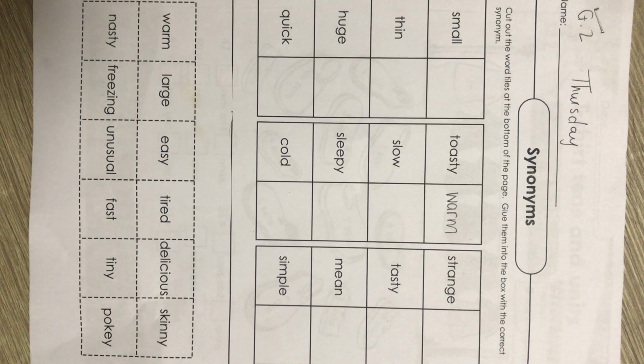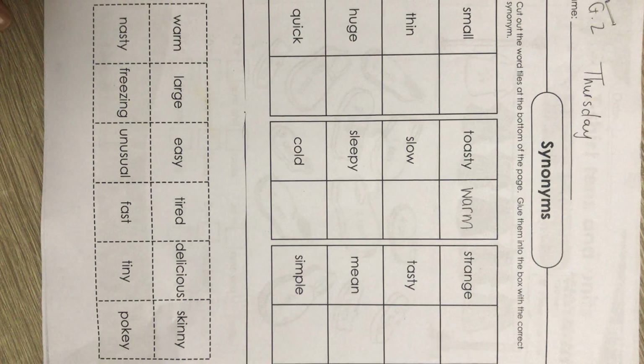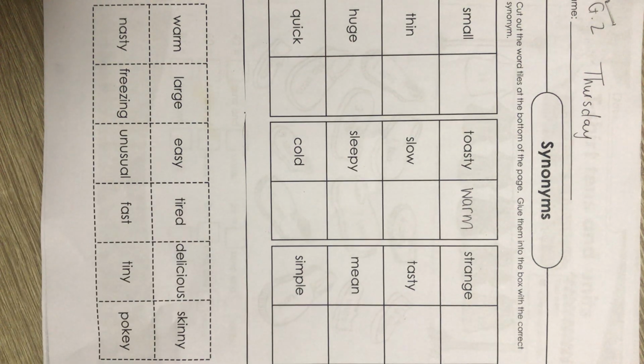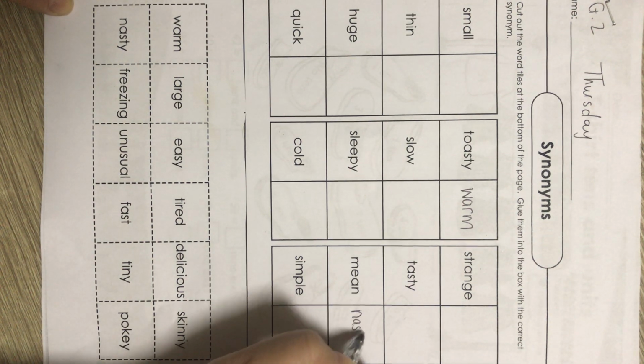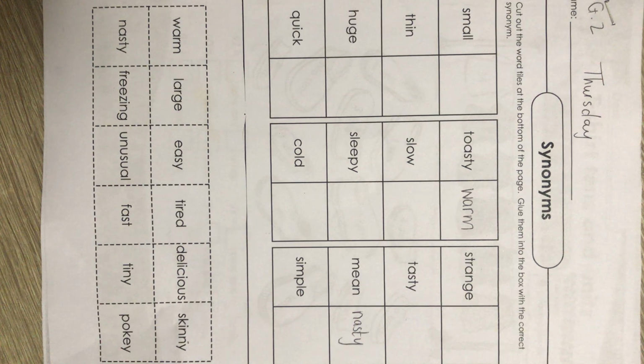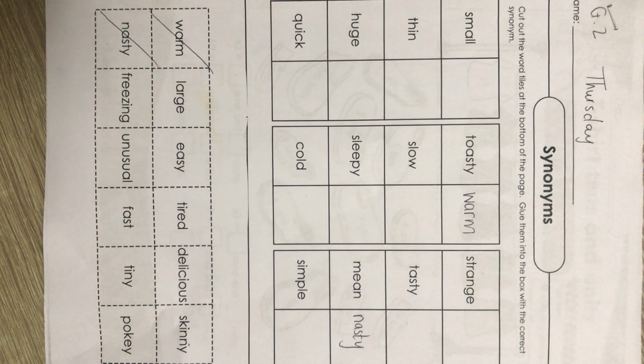Nope. Sleepy and nasty? Nope. Mean and nasty. Let's see. My friend was being mean to me. My friend was being nasty to me. Yes, this is a word that describes how someone treats you or how someone is acting. Mean or nasty. So you guys cut these two out and you pasted them, right? I'm writing, you are pasting.